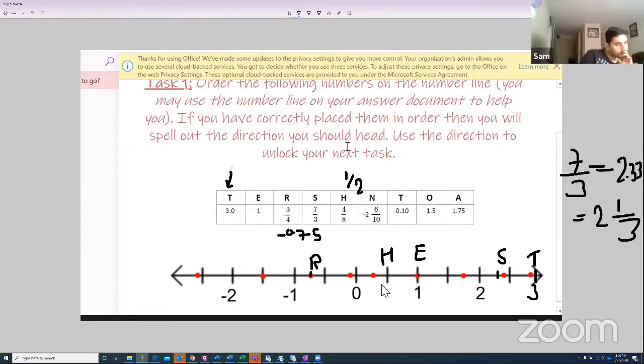Okay. So we could write this down as 0.5, right? This is 0.5. Then we can go to the N, where the N is gonna be -2 6/10.